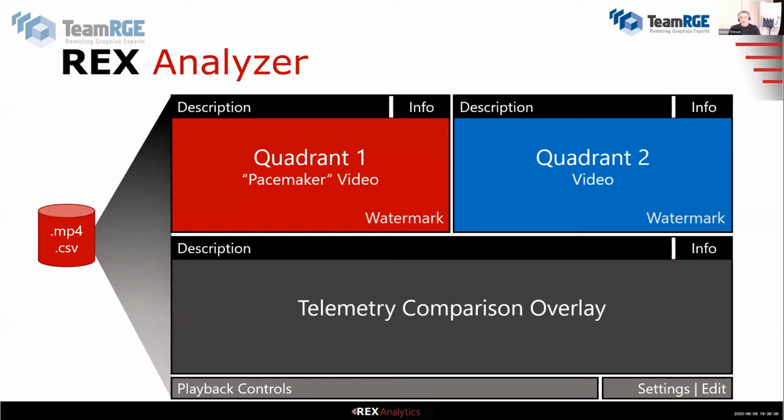Now, after we have all this data, number one, the MP4s from the screen recordings and the CSV files from collecting the telemetry data, we feed the videos side by side into a tool we call REX Analyzer. And we also use an overlay view of the telemetry data. You have seen that before. There were several sessions where the REX Analyzer was already used.